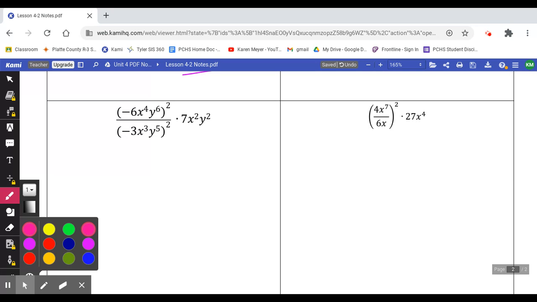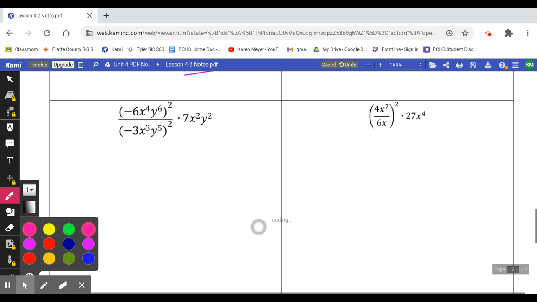So the first thing I'm going to do is deal with the top of the fraction. So once again, power to a power, you multiply. So we're looking at negative 6 raised to the 2nd, x raised to the 8th, and y raised to the 12th. So don't forget, power to a power, you multiply.